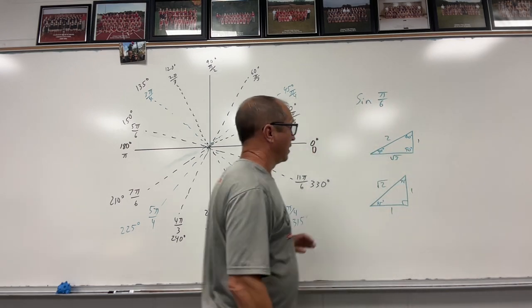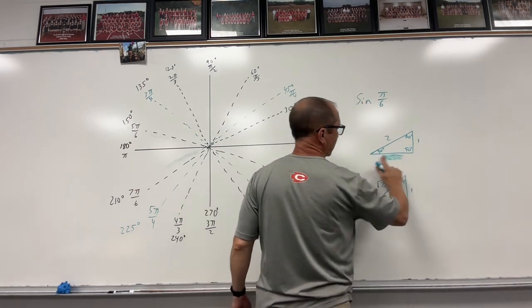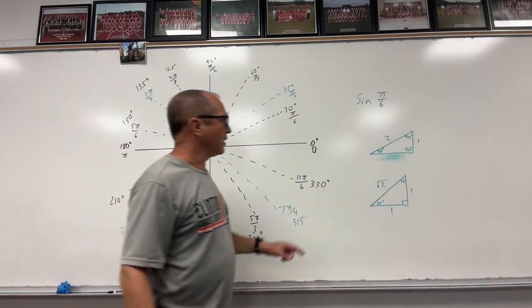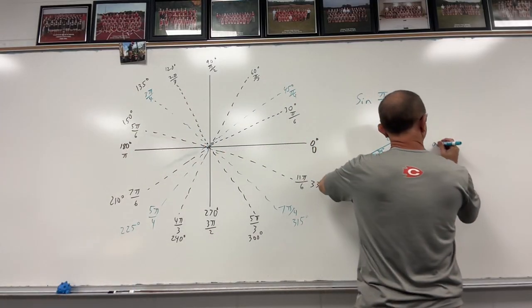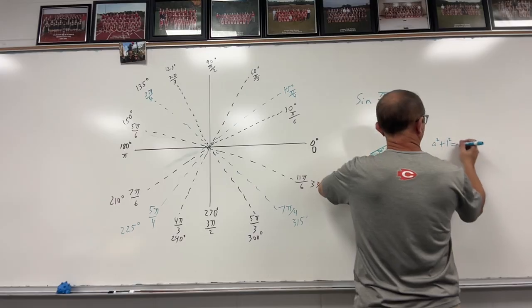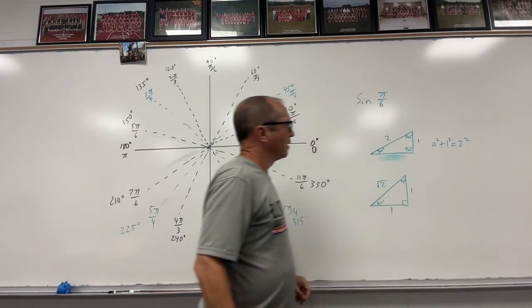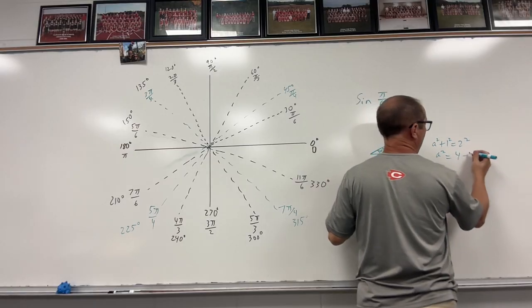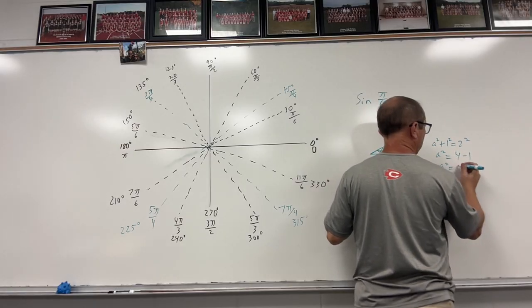Now, let's just say you forget that that's the square root of 3, and you're like, oh no, I'm stuck. No, you're not, because you know the Pythagorean theorem. And you know that a squared plus 1 squared equals 2 squared. So you have a squared equals 4 minus 1, so a squared equals 3.